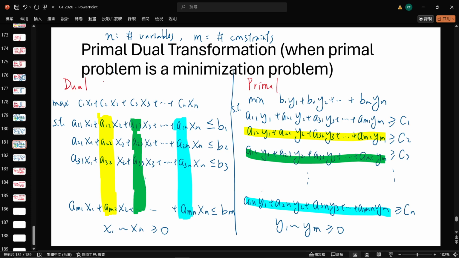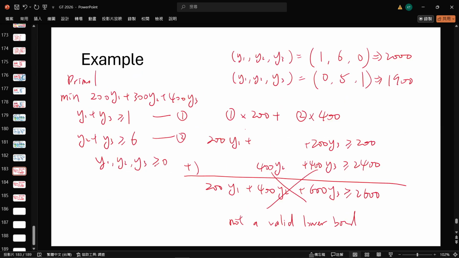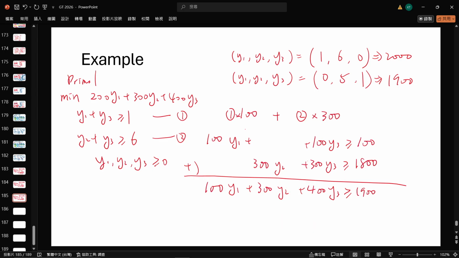Sometimes it's not feasible. But that's okay, because all we have to find is some lower bound. So it's okay if the coefficient of y1 is less than that in the primal problem.